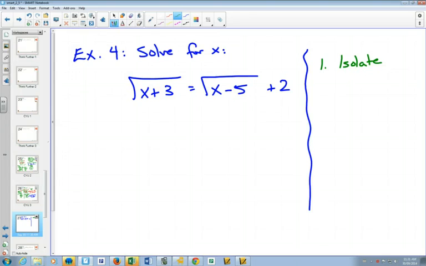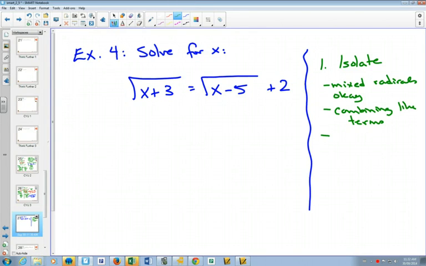First thing is to isolate. With isolating, some of the notes we've had so far: mixed radicals are okay when you isolate. We've also talked about combining like terms when isolating.